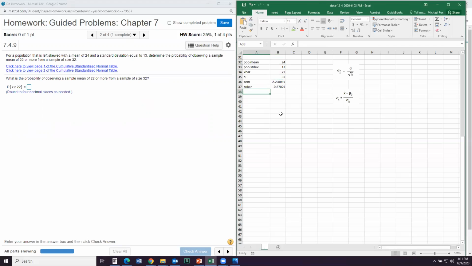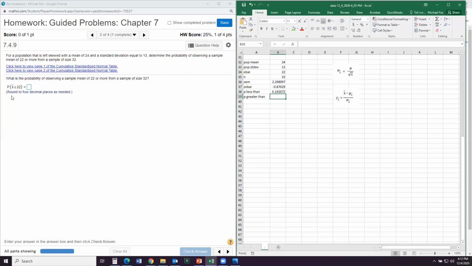And so now what we have to do is convert that into a probability. And so I'm going to say this is the probability of finding less than. This will be our probability of finding greater than. To find probability from a z-score, we can use NORM.S.DIST. Put in the z-score, true. Remember, this is going to give me the probability of everything to the left or everything less than that z that we have there.